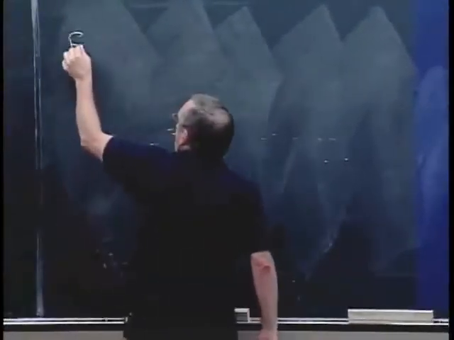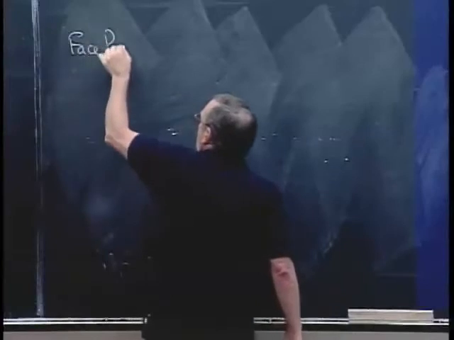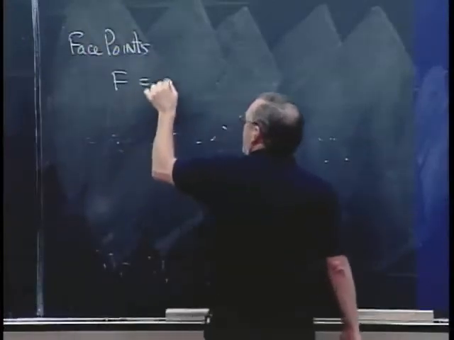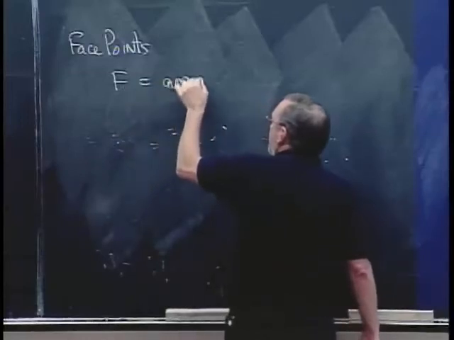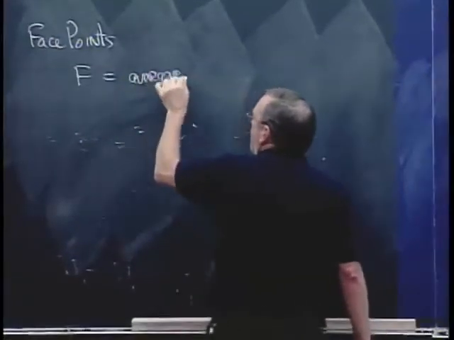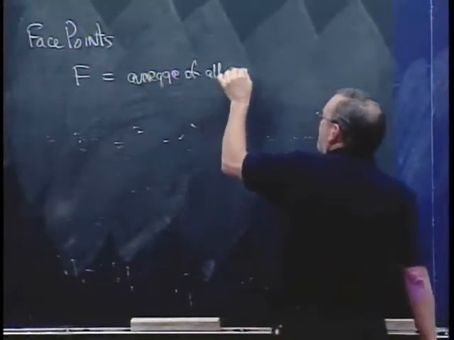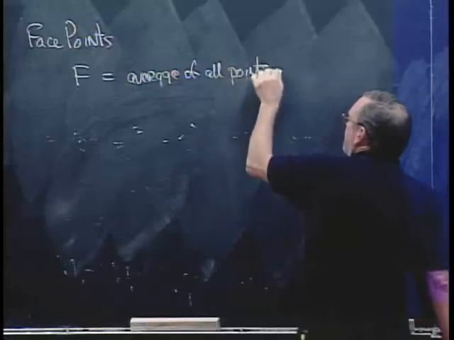So you get these face points. F is equal to the average of all points defining the face.